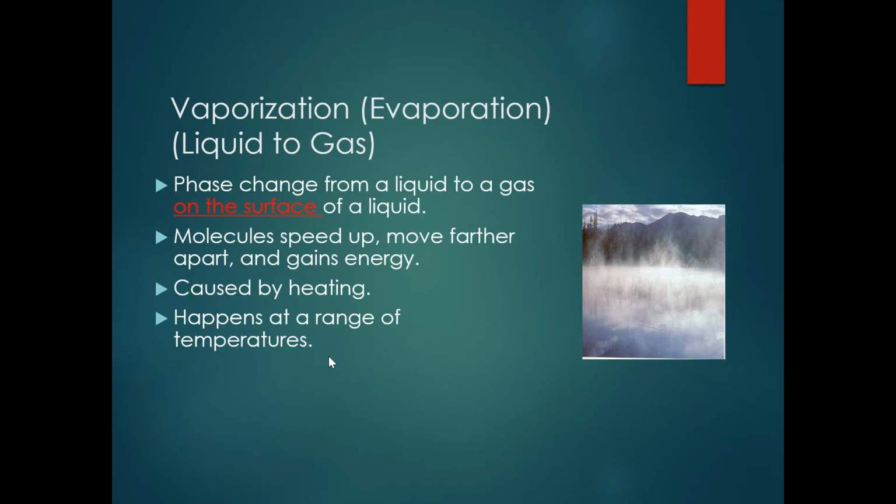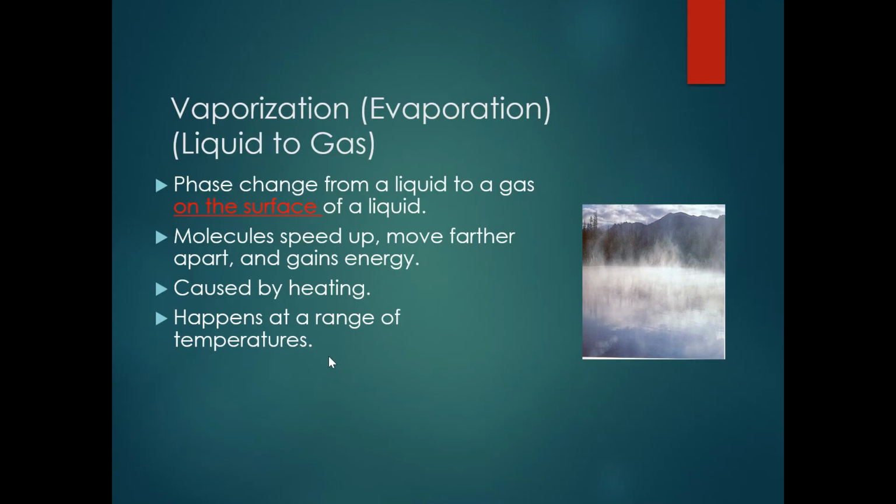The molecules that are in the liquid state are constantly moving, and some of those molecules will naturally go into a gas state. This happens at the surface where there's a lot of space. The molecules speed up, they come out, and they go into the gas.